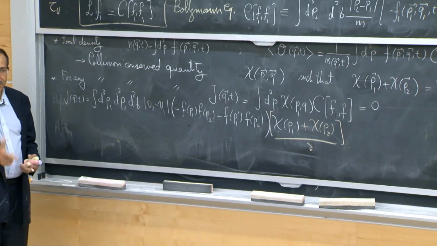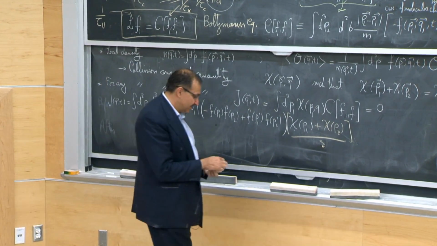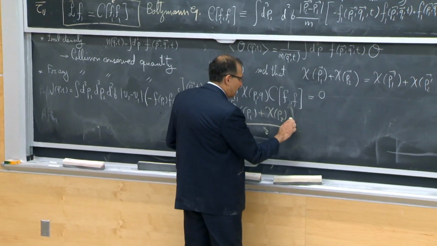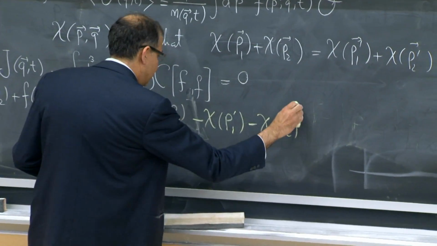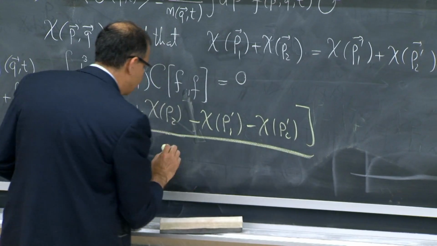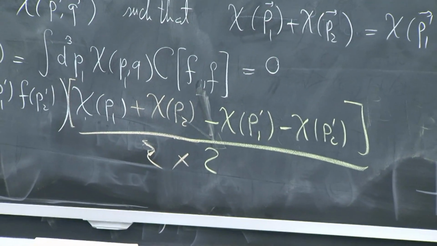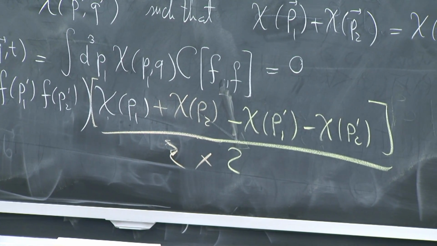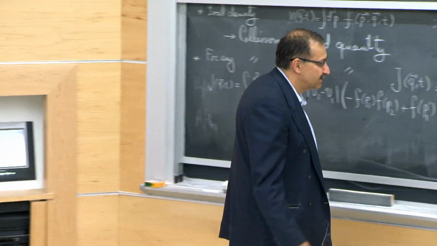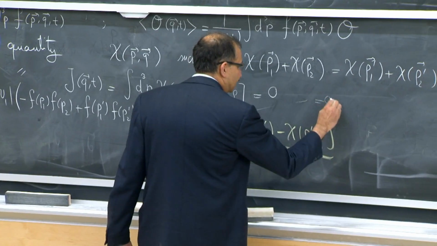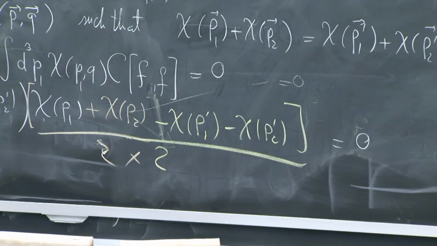I do this transition between primed and unprimed, and when I do that, I pick up this additional factor of minus chi of P1 prime, chi of P2 prime, and this becomes division by 2 times 2. But then I stated that chi is a collision conserved quantity, so that this term in the bracket is 0 for each point that I'm integrating, and hence the answer is 0.